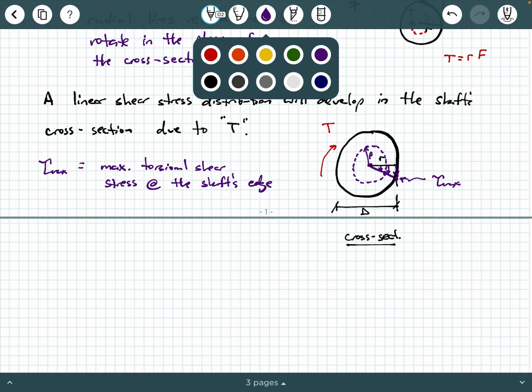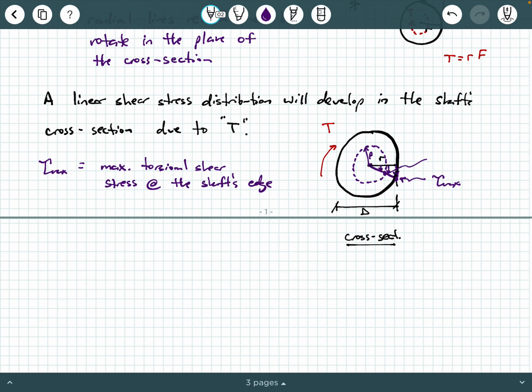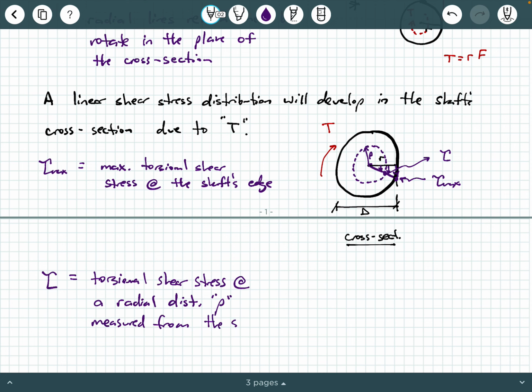And so let's just call that, I'm going to put a little reference arrow here, tau. So we're going to say tau is the torsional shear stress at a radial distance rho measured from the shaft's center.